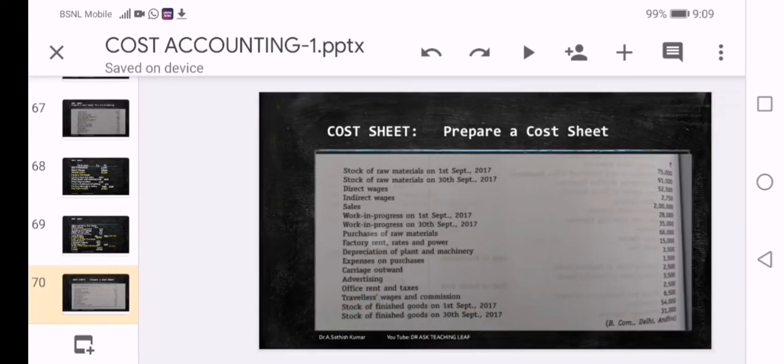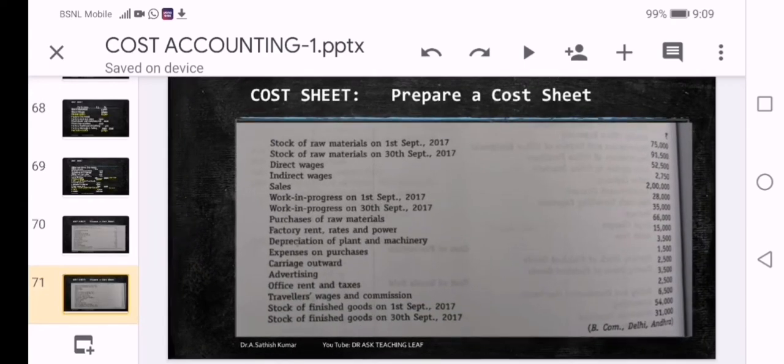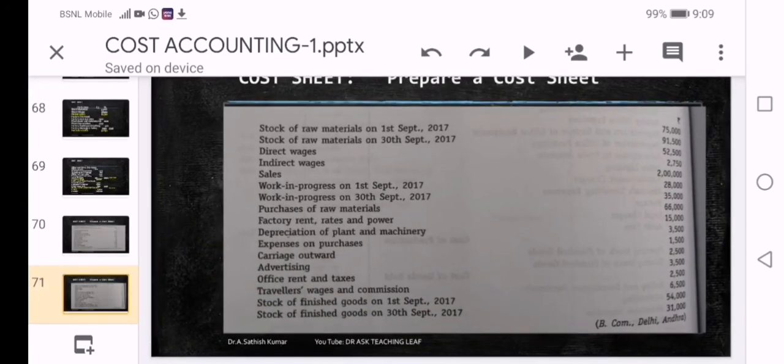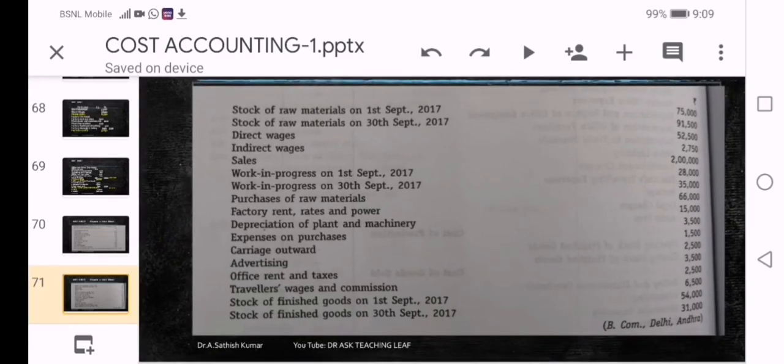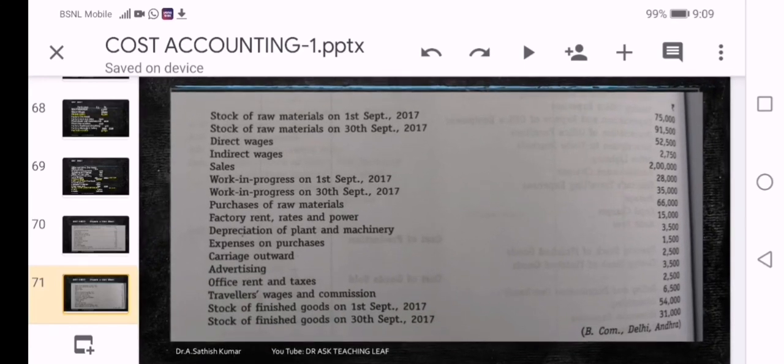Then similarly I am giving one more exercise, the last exercise, one of the best exercises. Don't miss this exercise, you practice on your own. Here almost every item is covered, like raw material, work in progress, finished goods, both opening values and closing values. One point you have to keep in mind, in this slide there is an error.